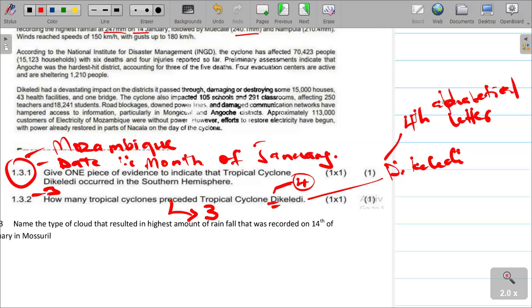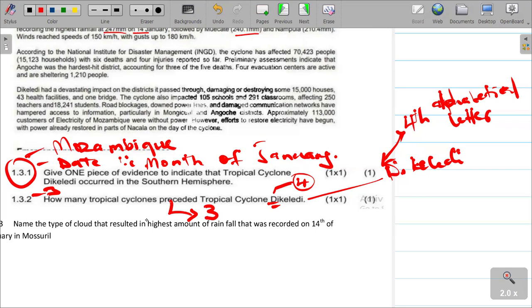As I told you again, this must be known: the first letter of the cyclone's name defines the number of cyclones which have occurred within a given place or at a given location. So D is number 4 in the alphabetical sequence. So before it we had 3 cyclones that hit the place.